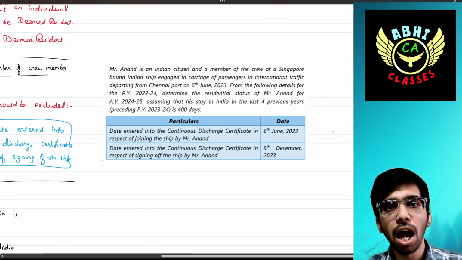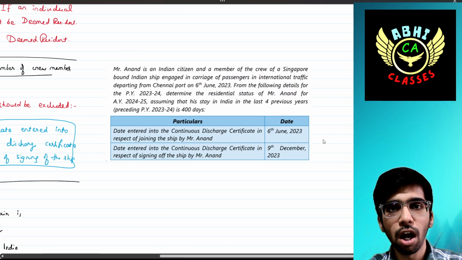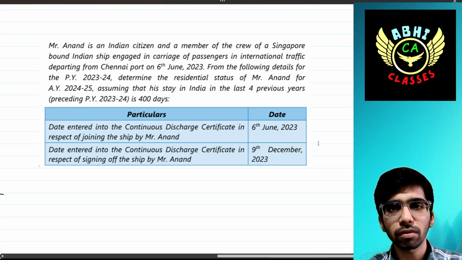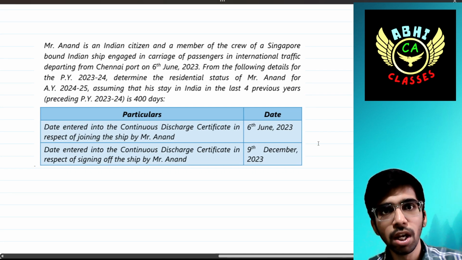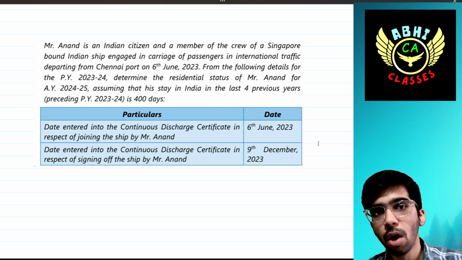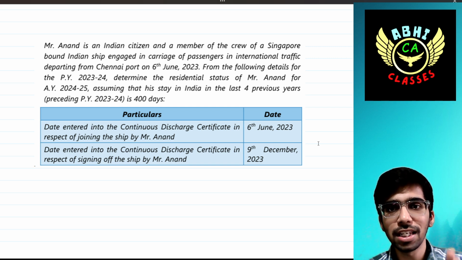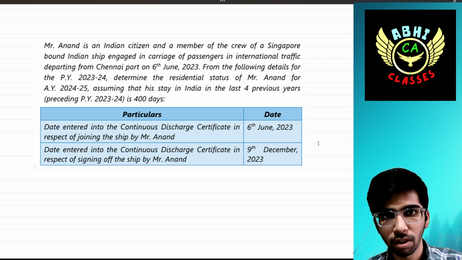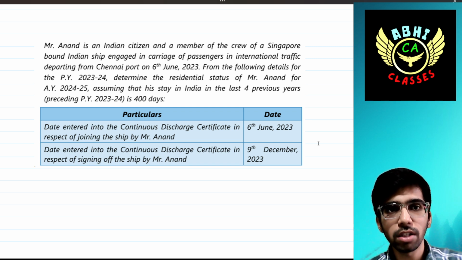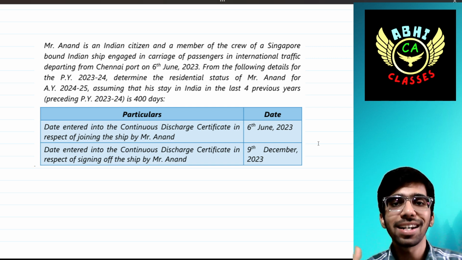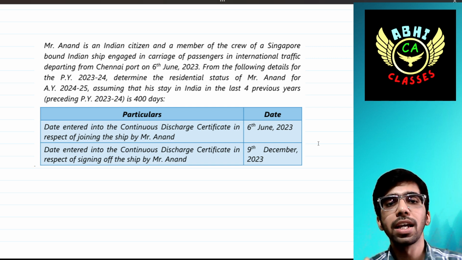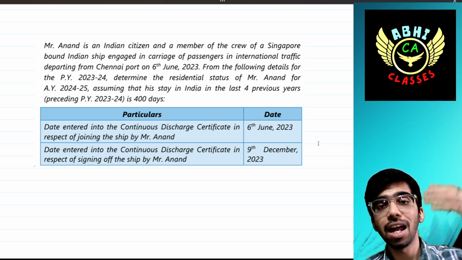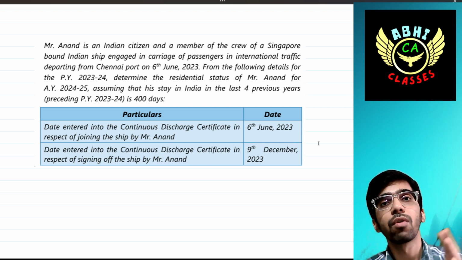Mr. Anand, an Indian citizen, being crew of a Singapore-bound Indian ship engaged in carriage of passengers in international traffic, from the Chennai port, is signing on 6th June 2023. From the following details for previous year 23-24, determine the residential status of Mr. Anand for 24-25, assuming his total stay in India in the last 4 previous years is 400 days.